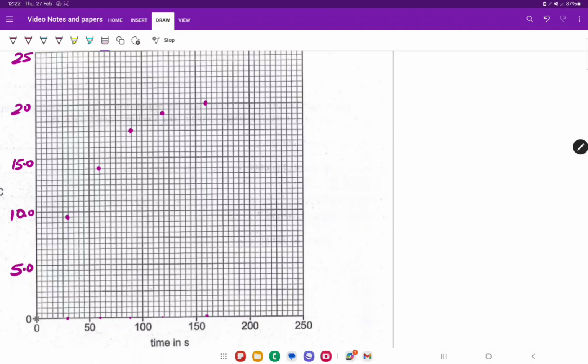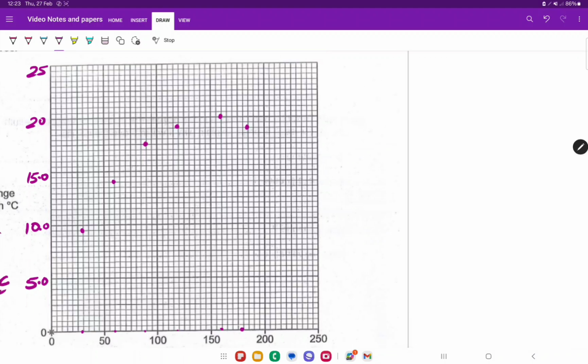Now again it is 19 at 180 seconds. This is 175, and then 180. This is my point. Okay. Next, at 210 the difference is 18.